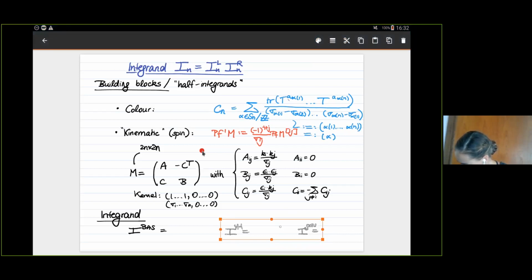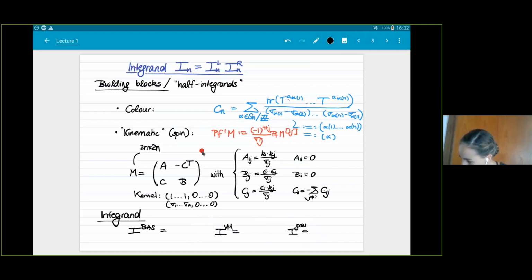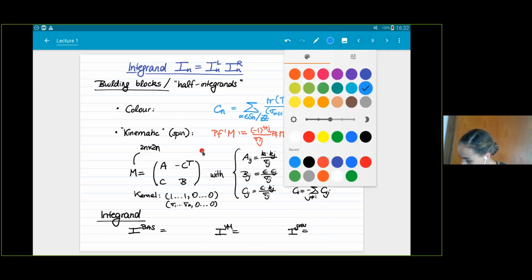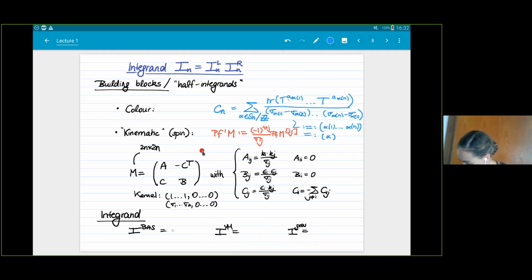What turns out to be true is that for the bi-adjoint scalar, we find two such color factors, C_n and C tilde_n, which is not surprising because this is, after all, what we mean by bi-adjoint scalar, that it transforms in the adjoint of two color representations.